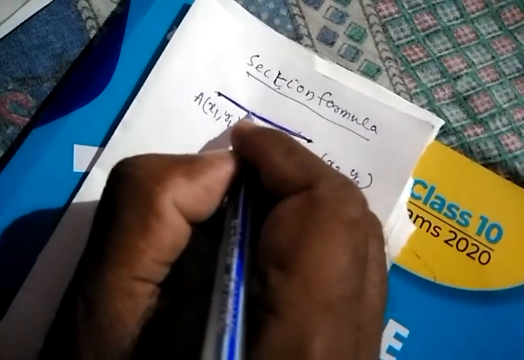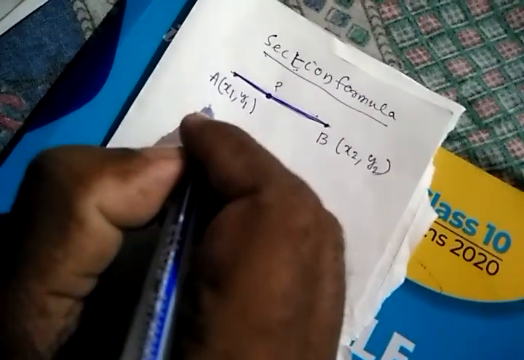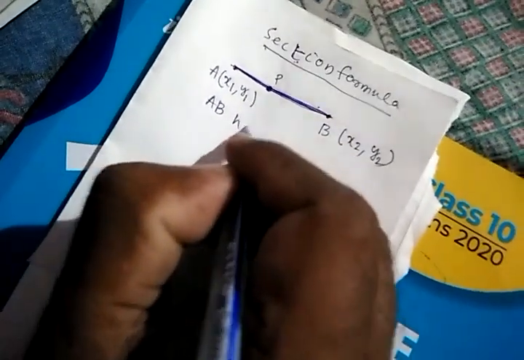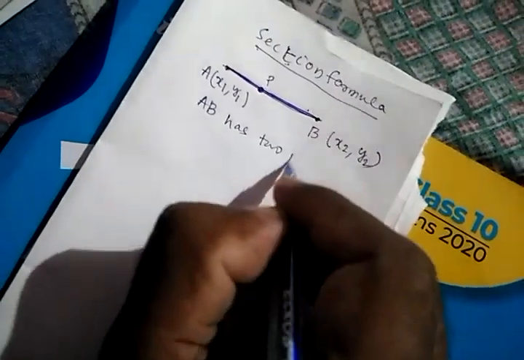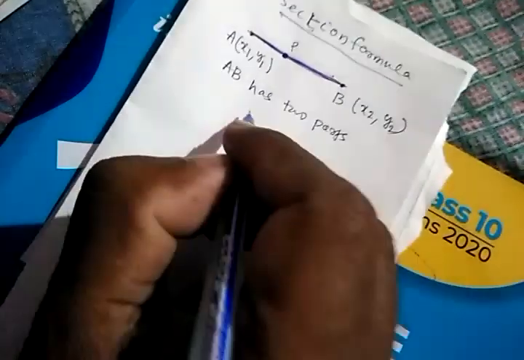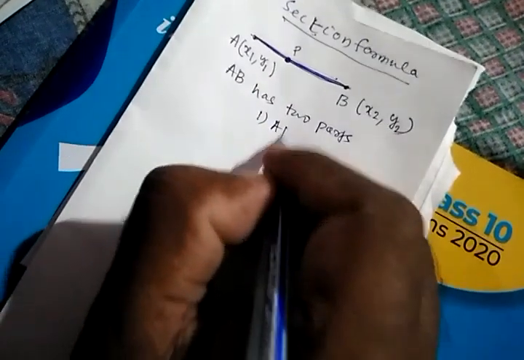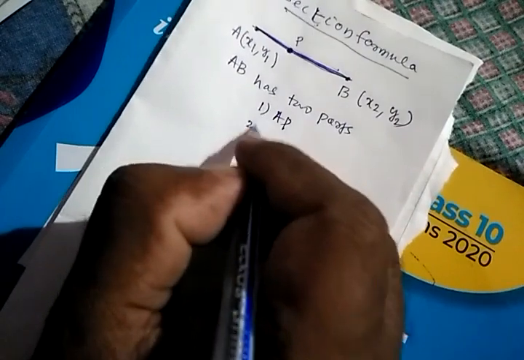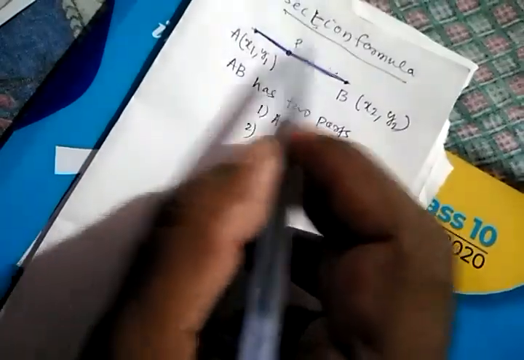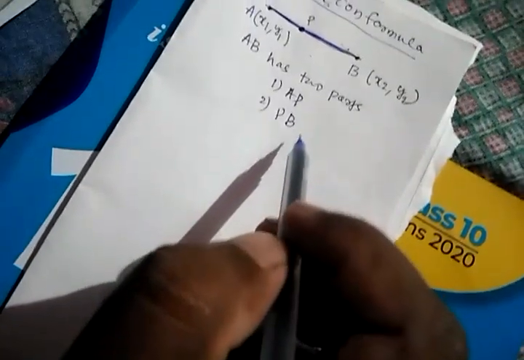If you take a point P, now AB has 2 parts. The first part is A to P. The second part is P to B. So that is called the section of AB.